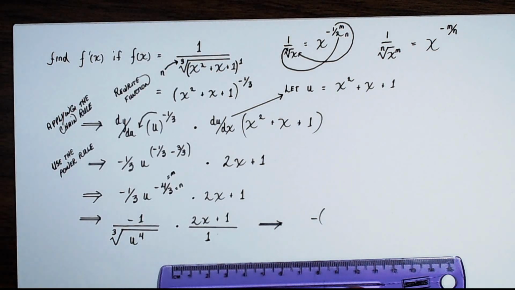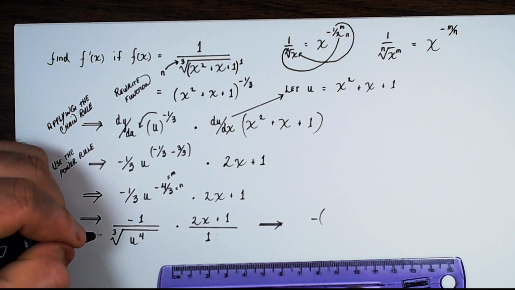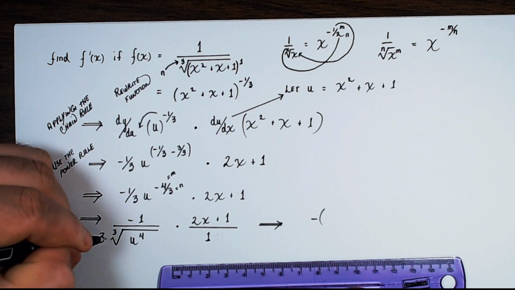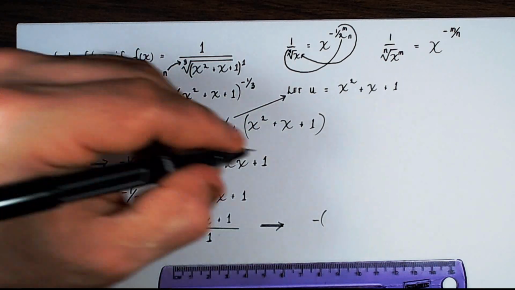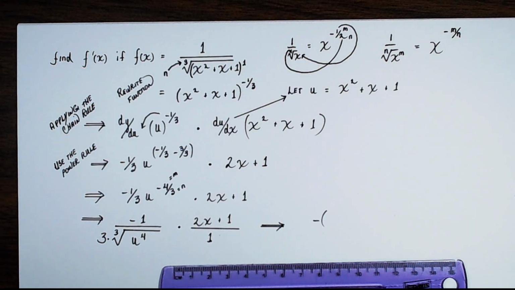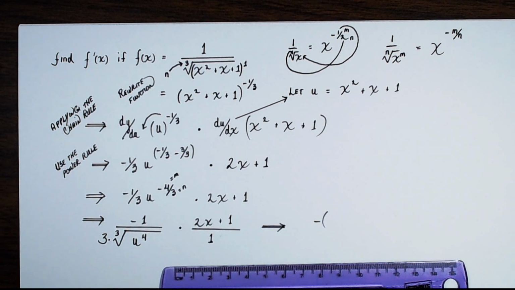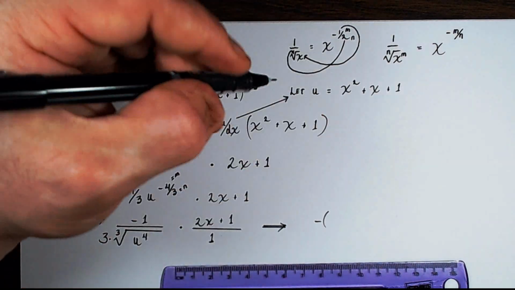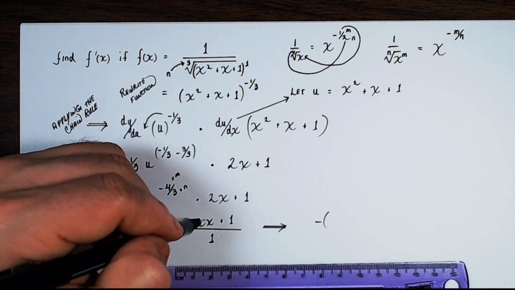Oh, I forgot a 3 over here, because this is 1/3. So this is 3 times the cubed root of u to the 4th. Okay, so sorry about that. This is where I'm getting that 3. Alright, so now I will have a negative 1 that I'll need to distribute over 2x plus 1.